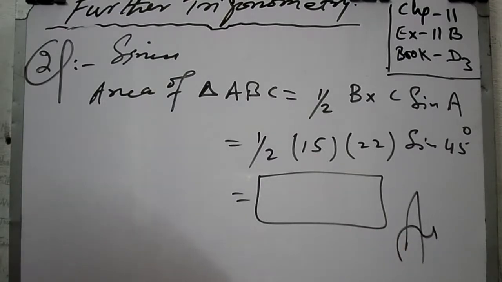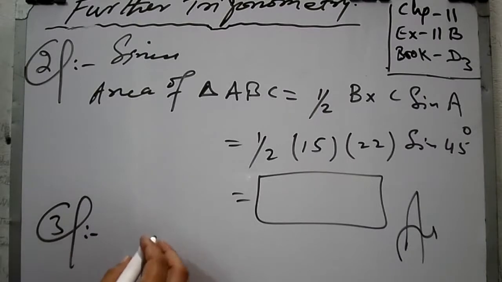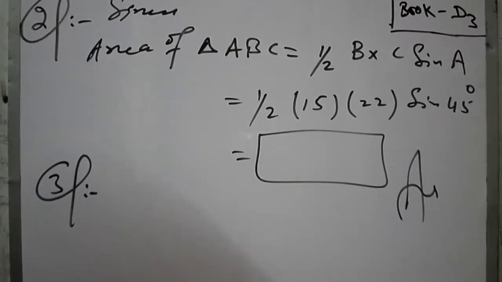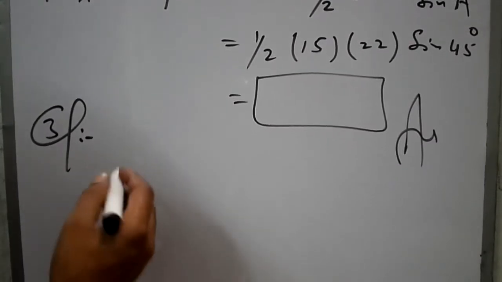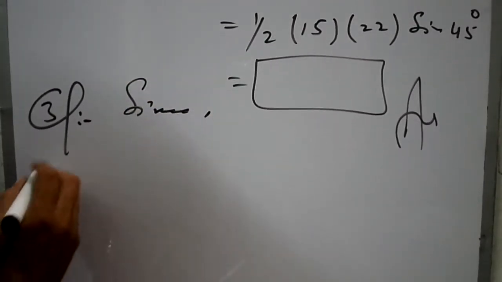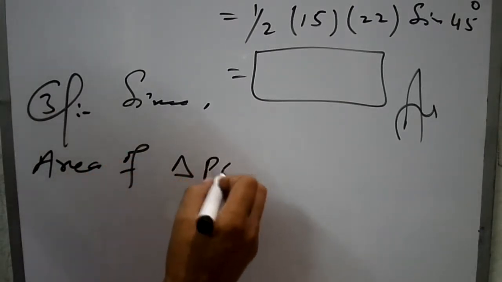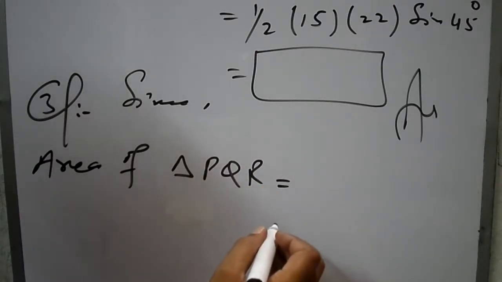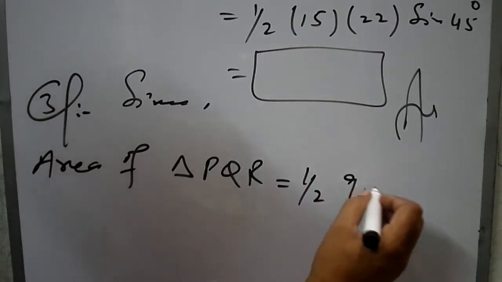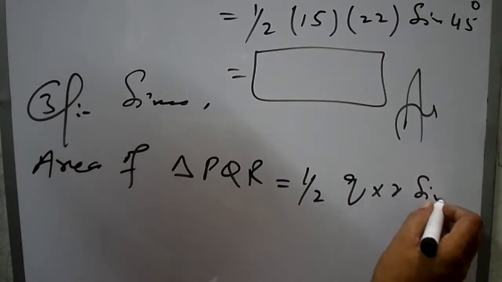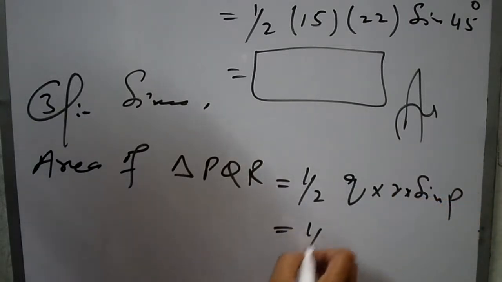Similarly, in question number 3, PQR. The value of angle P is given to you, that is 72, Q is 152, R is 125 centimeter, and what is the area of the triangle? Once again, since we have a formula, area of triangle PQR is equal to half Q cross R sine P. So what is the value of Q?